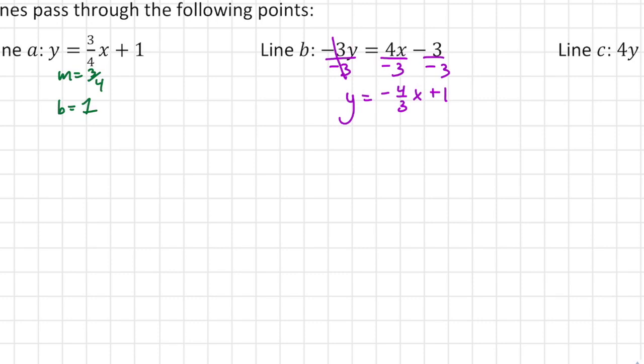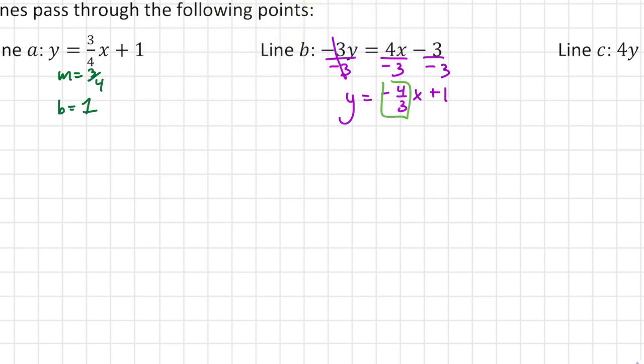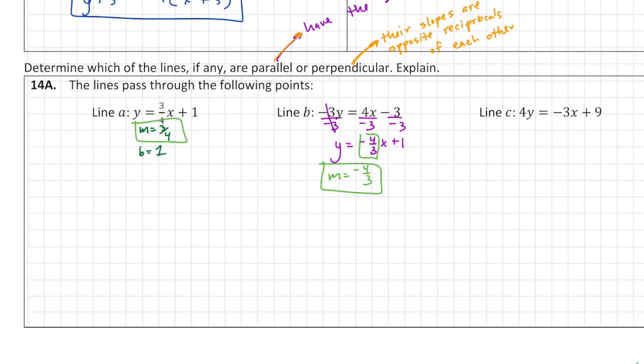Okay, now here I've got my slope of -4/3. And I can already tell that 3/4 and -4/3 are opposite reciprocals of each other.